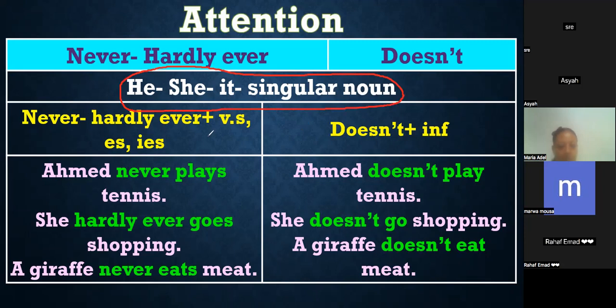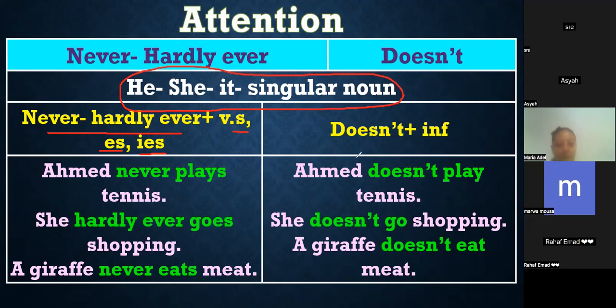The difference is that when we make it negative with never and hardly ever, the verb still comes with s or es or ies. We don't put it in the infinitive form.